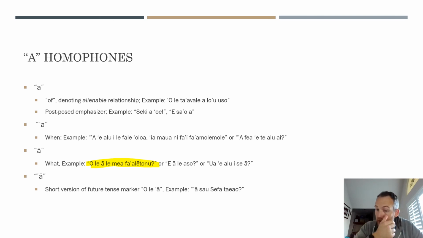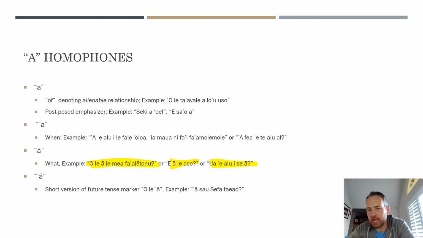You could also see it in another common Samoan question, "E a le aso?" It basically means it is the what, the day. It just means how's the day going. Again, "a" is a general question word that would typically translate to what, but you hear it in a few different weird constructions that you may not otherwise think of. And then our last example is "Ua e alu i le a."